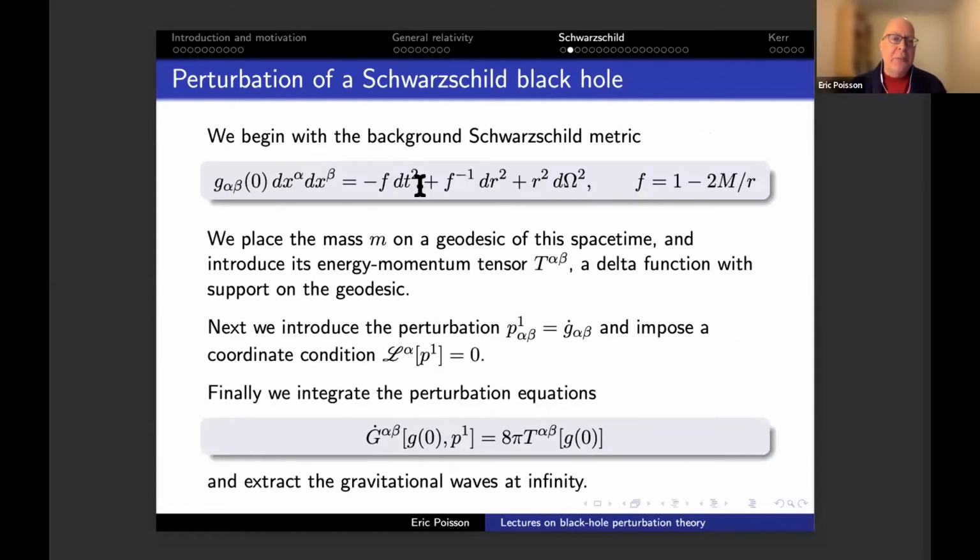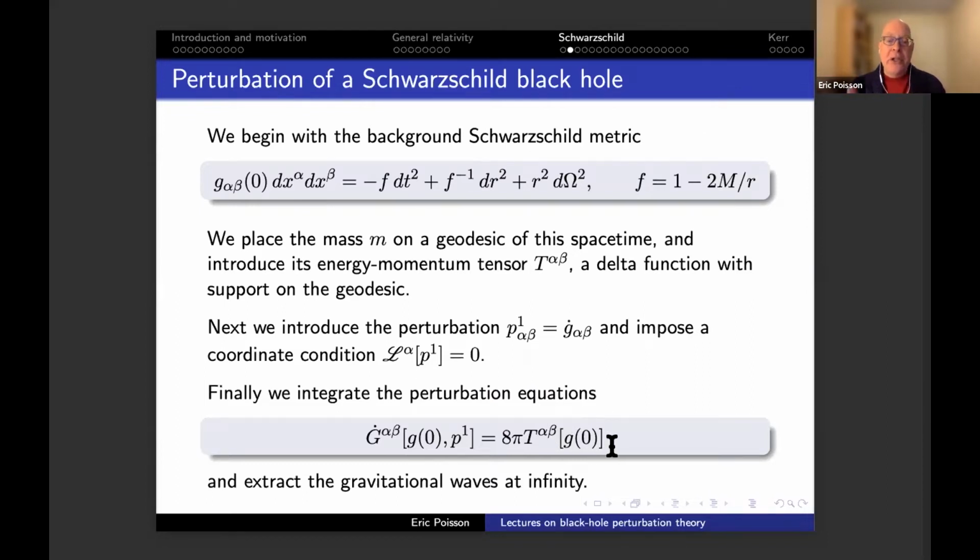Okay, so we start with the spacetime, and now we place this extra body in the spacetime. It has a mass m, and at this level of description, I can consider the body to be moving on a geodesic of the Schwarzschild spacetime. That has to do with the fact that when we work to first order in perturbation theory, the energy momentum tensor is constructed from the background metric, and its conservation identities are going to be formulated in the background metric.